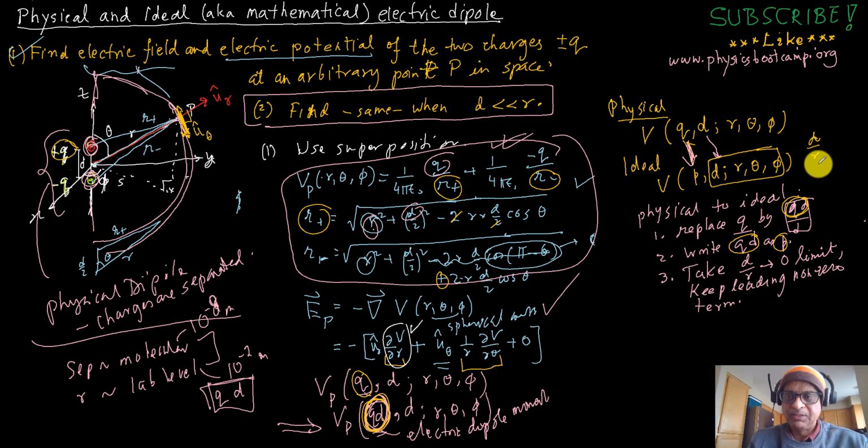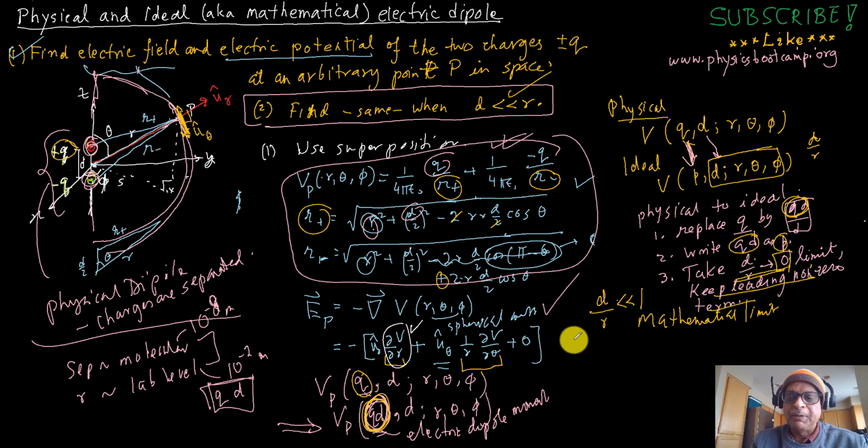R is fixed, so we take D very small and R large. It is much less than 1. So this is called a mathematical limit, but it's not the regular limit you take. You try to take this limit, but actually you don't go to 0. You keep the leading terms.